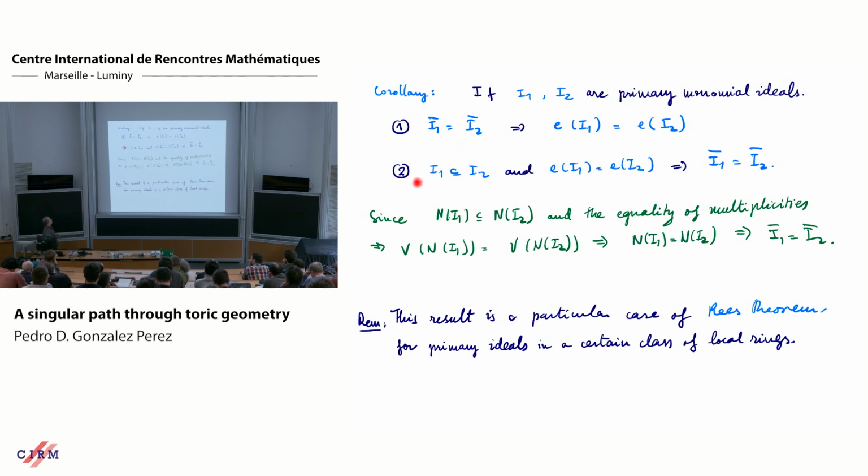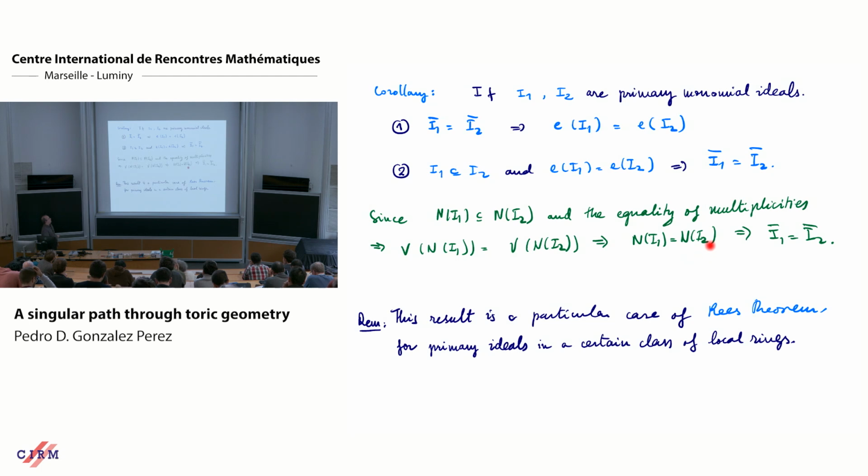And secondly, if one ideal is contained in the other, then if the multiplicities are equal, the integral closures are equal. And this is obvious from this characterization of the multiplicity, since if one Newton polygon is contained in the other and we have the equality of multiplicities, then the volumes must be equal.